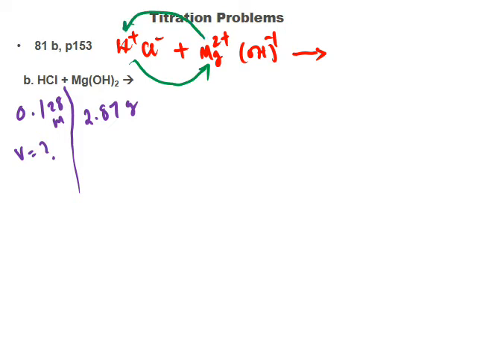Now don't change the charges on individual atoms or OH as a group. So Mg2+ goes with Cl- now.